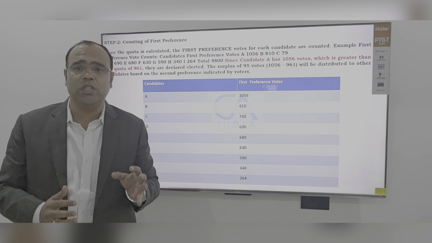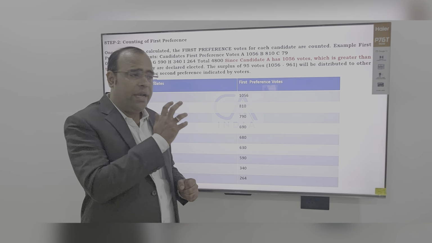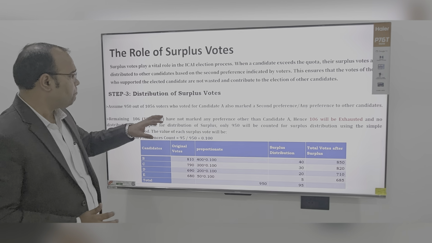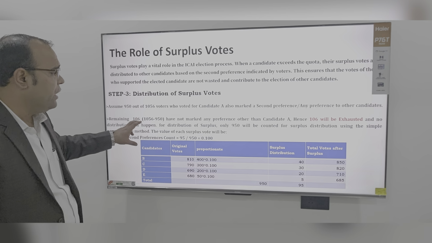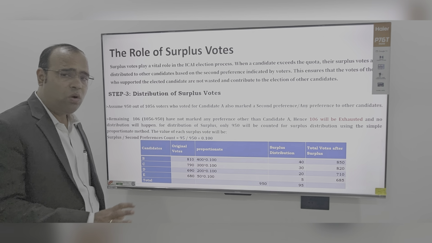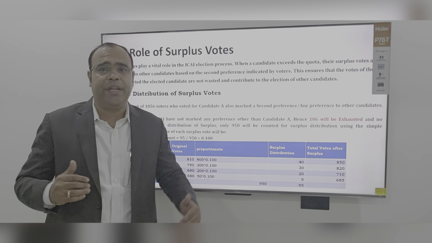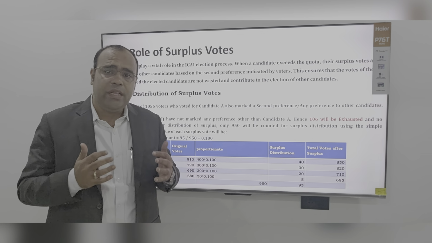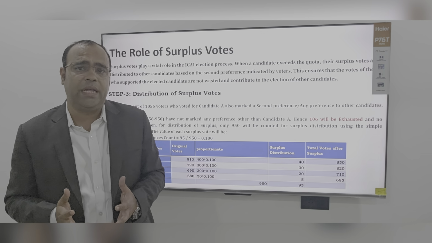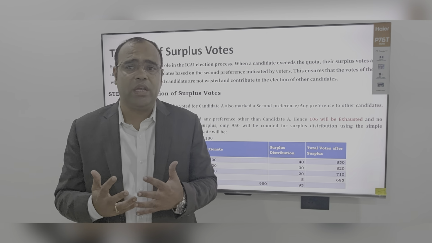Let us understand how this proportion works. We have decided that 95 needs to be distributed, but which 95 votes, we don't know. Hence we will take the total 1056. In these 1056, there is a possibility that not all voters will give preferences.